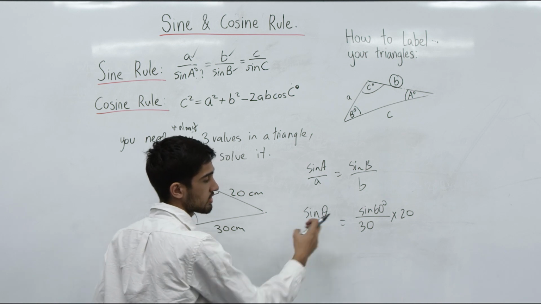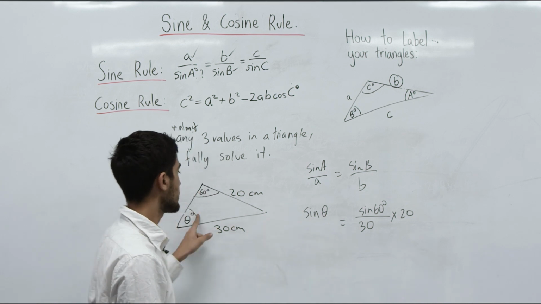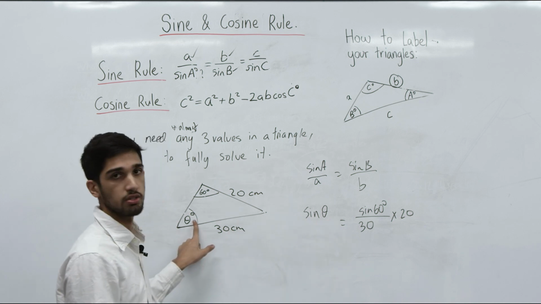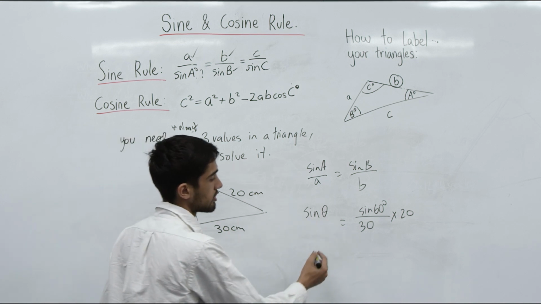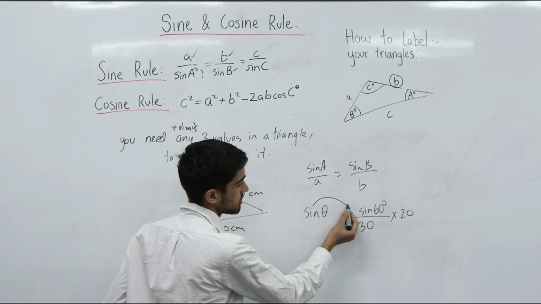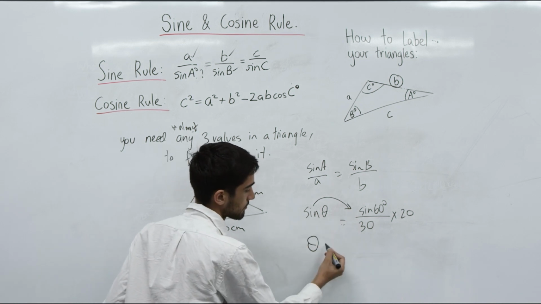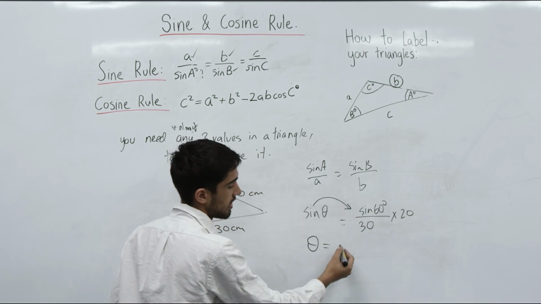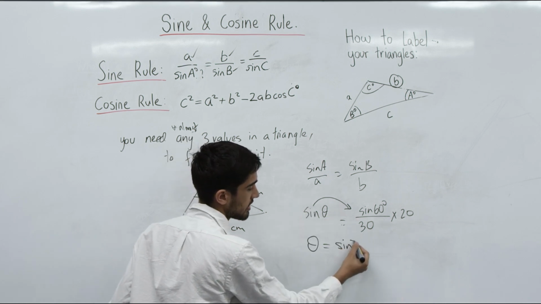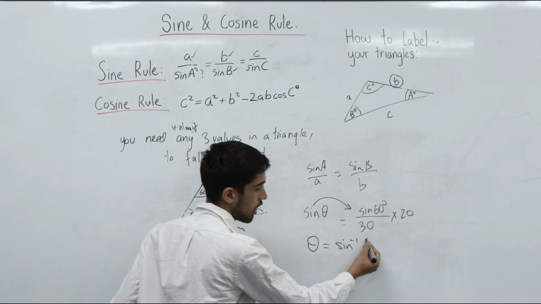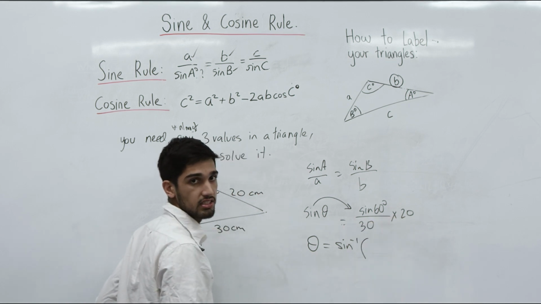The only issue here, though, is the sine of theta isn't enough. The sine of theta is a number, but we still want to find theta, right? The sine of theta is not the same as theta by itself. So what we do is we bring the sine to the other side of the equation as well. But there's a special way to do that. By bringing sine over, it becomes sine inverse of whatever we have on the right-hand side already.